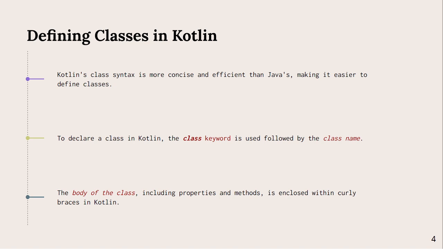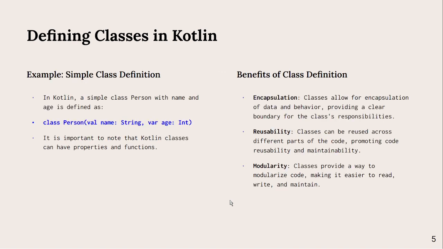Okay, so how to define a class? Kotlin's class syntax is more concise and efficient than Java's, making it easier to define. To declare a class in Kotlin, we use the class keyword followed by the class name. For the body of the class, we use curly brackets to enclose the definition of the properties and methods. Here is an example.